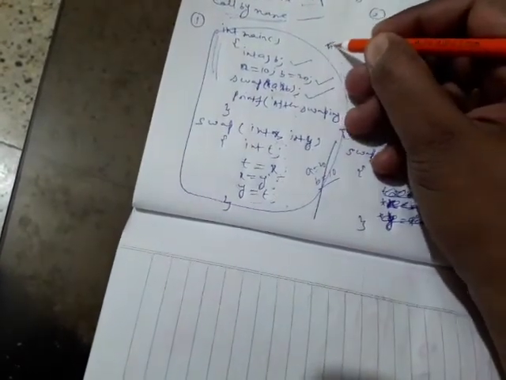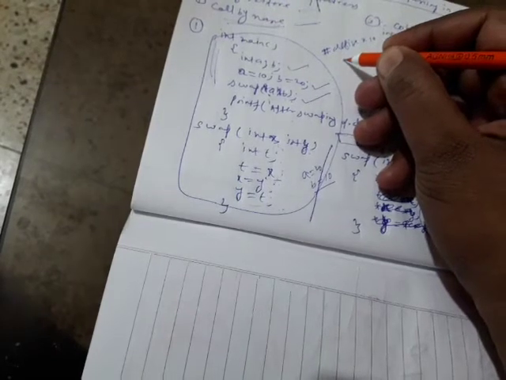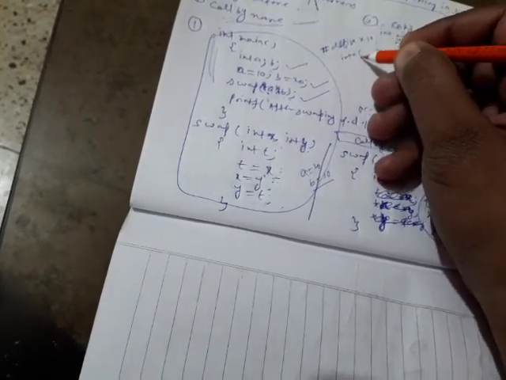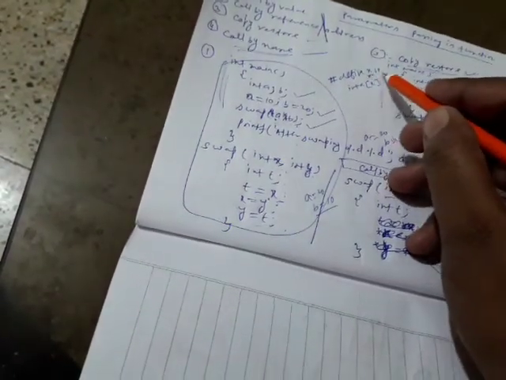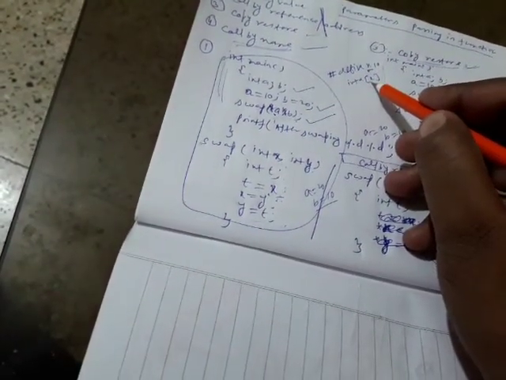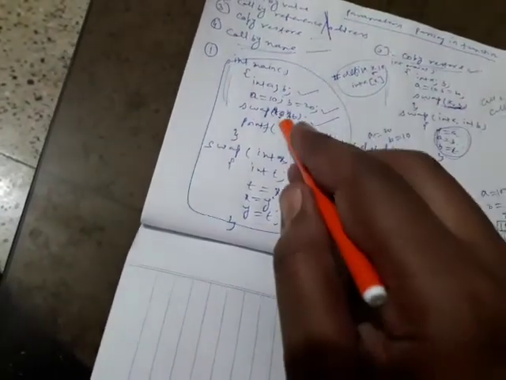If I write define x 10, what is the meaning of this? Whenever x appears, it will be replaced by 10. This is the same concept as a macro.